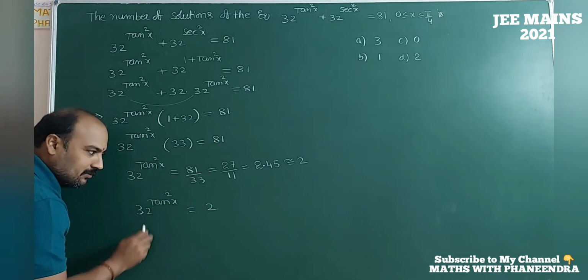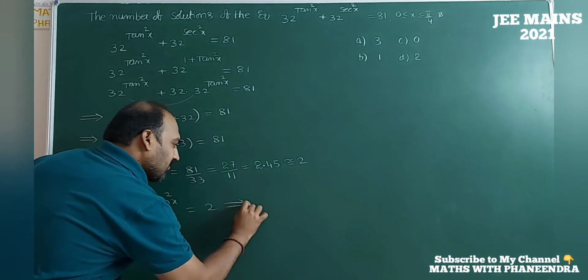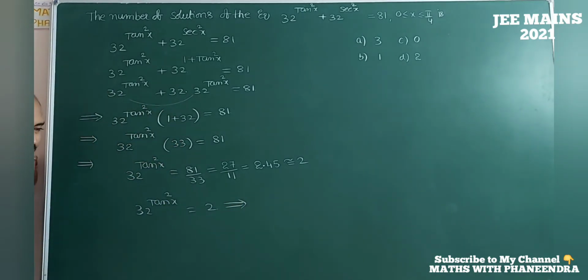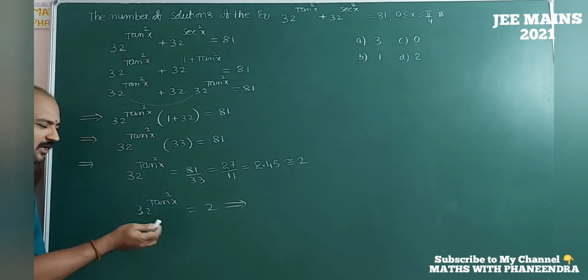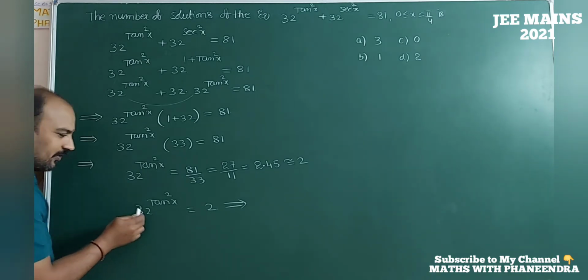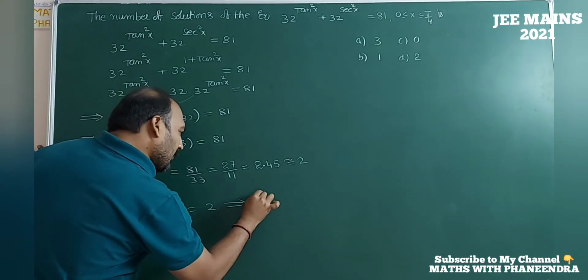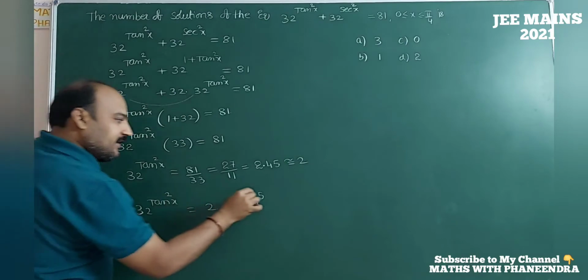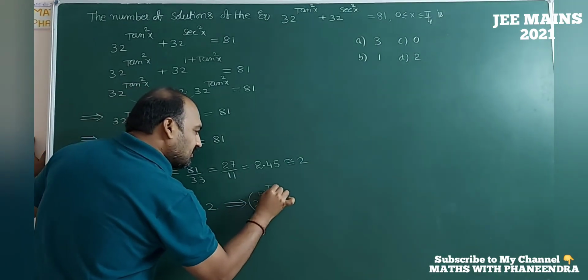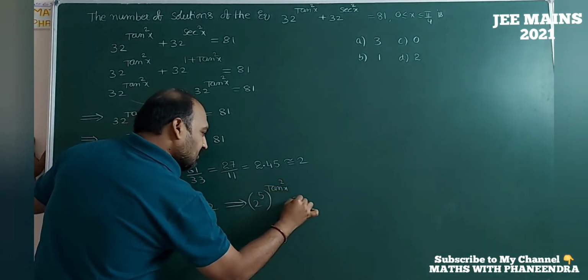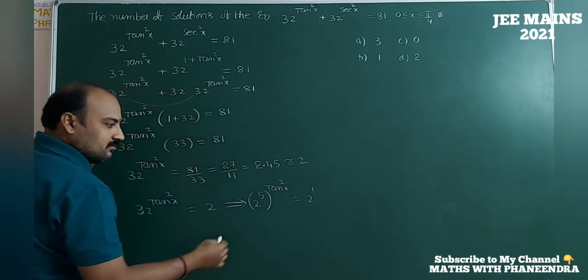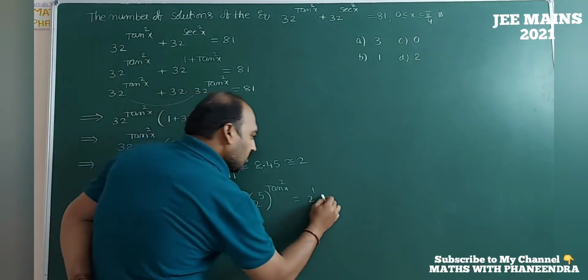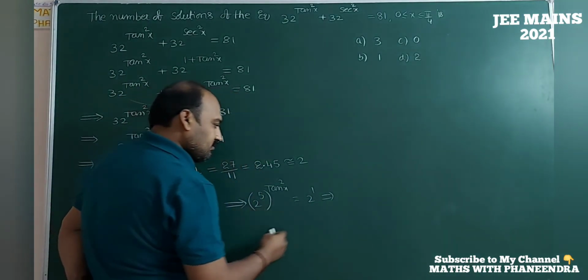By taking logarithms, otherwise with 2 powers, without taking logarithms also we can get it here: 2 power 5, 32 power tan square x is equal to 2 power 1.